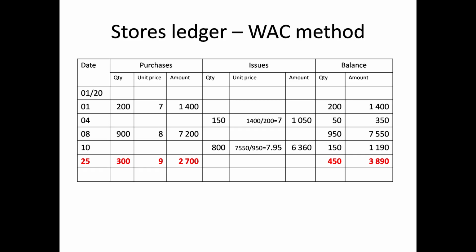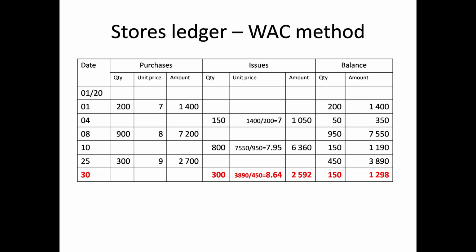30th of January, sold 300 units. Under date 30, issue quantity 300. Now you are going to calculate the weighted average issue price. Go to the immediate balance before the issue. The last balance before the issue was quantity 450 and amount 3890.